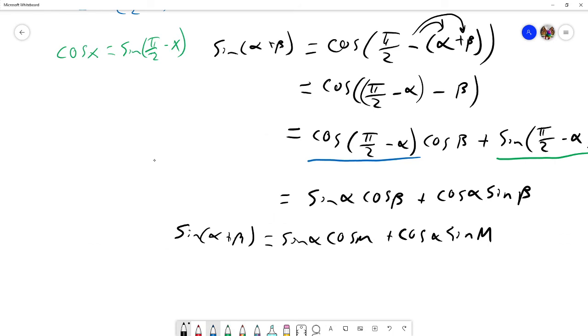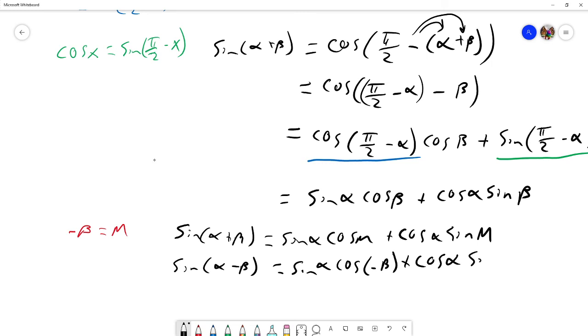And we can make a variable substitution where if negative beta is equal to m, then we get sine of alpha minus beta is equal to sine alpha cosine of negative beta plus cosine alpha times sine of negative beta. Now, we can use the even-odd properties of sine and cosine, and note that cosine of negative x is equal to cosine x, because cosine is an even function, and sine of negative x is equal to negative sine x.